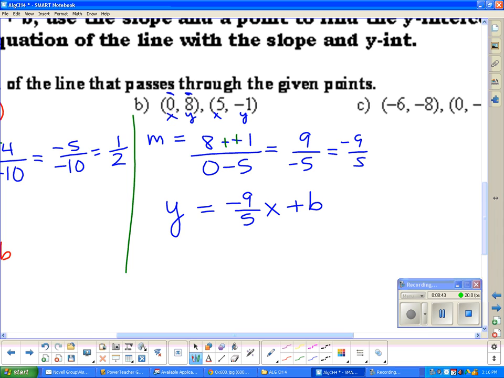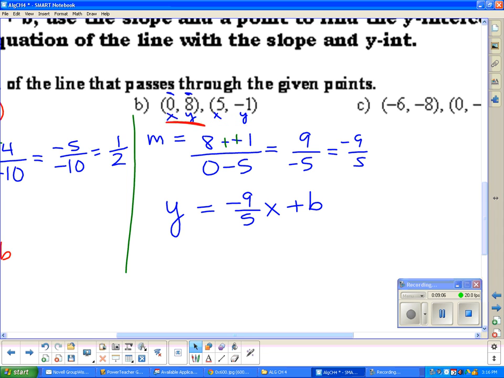If I choose this one, then I'll multiply this by 5, and actually the fraction goes away. But if I choose this one, then I'll get a 0 for x, and so this thing will go away completely, and I won't have to deal with it anymore.